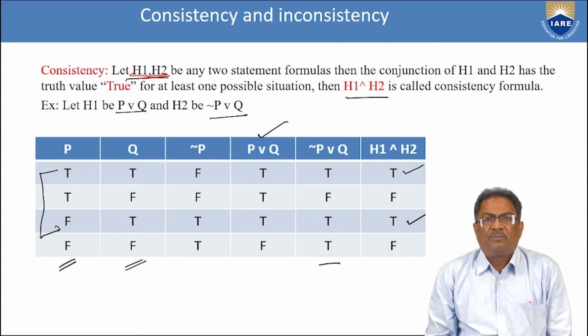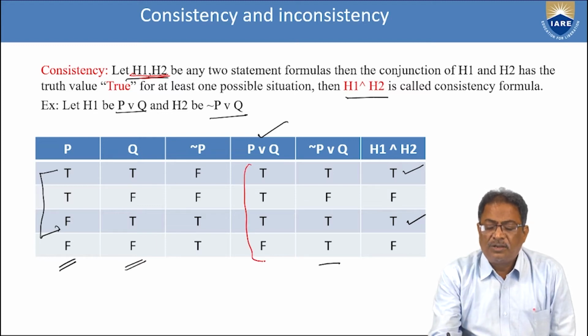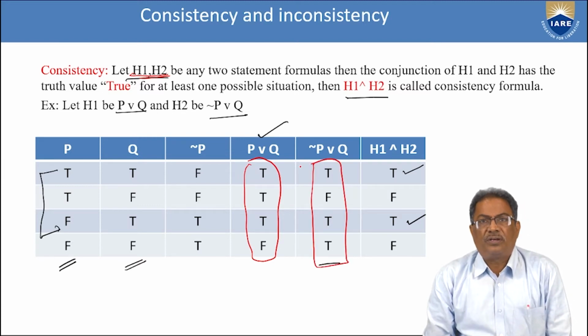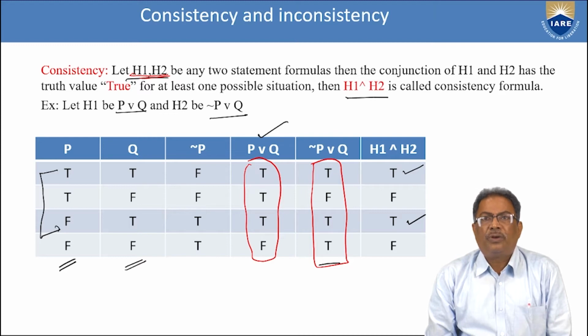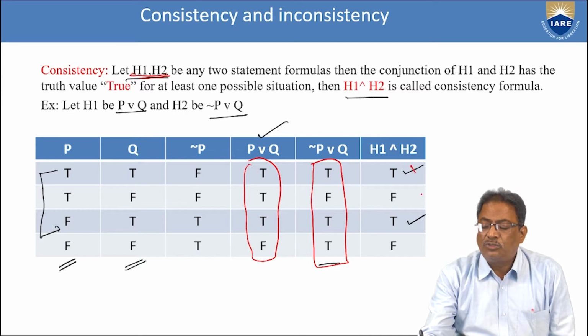First we calculate the truth values of H1, and next the truth values of H2. The truth values of H1 and H2 are computed, and then we find the truth values of H1 and H2.